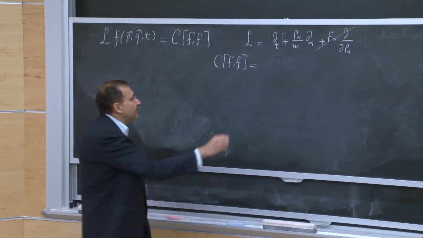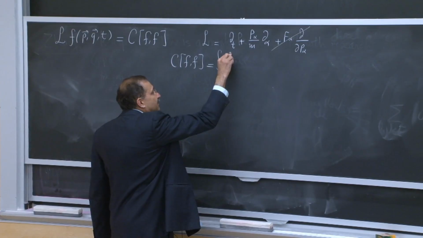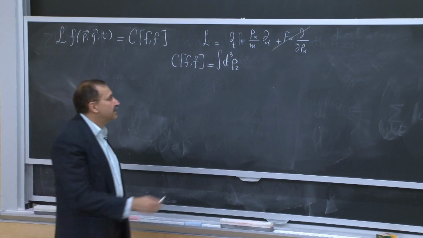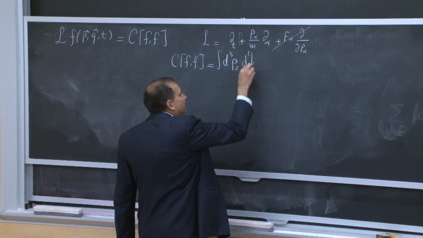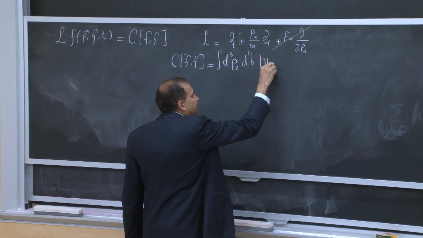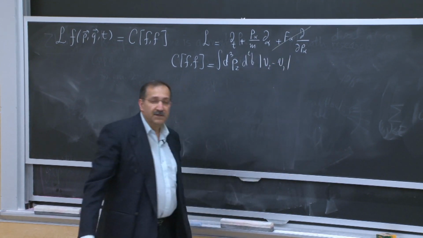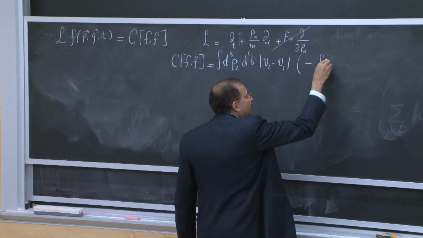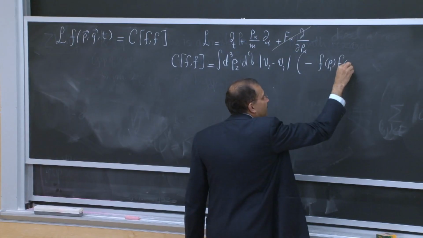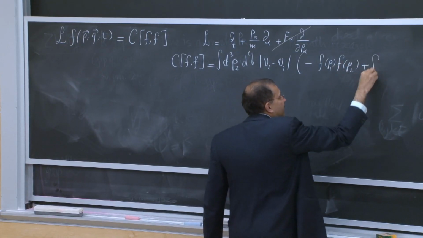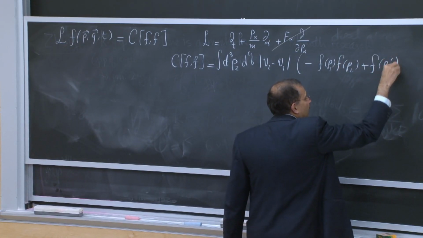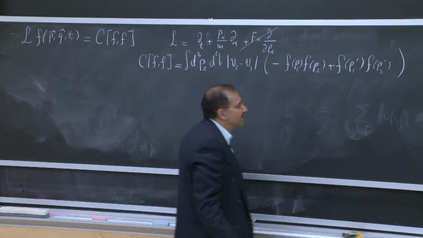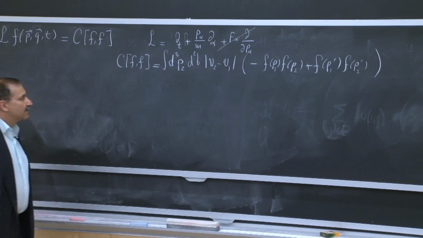So this collision operator was an integral over the momentum of another particle that would come at some impact parameter with the relative velocity. And then we had a subtraction due to collisions, and then addition due to reverse collisions.